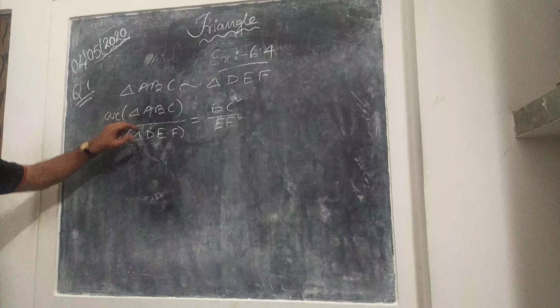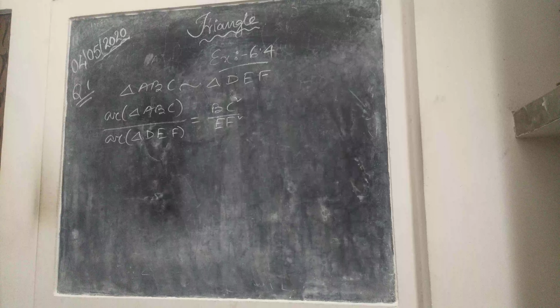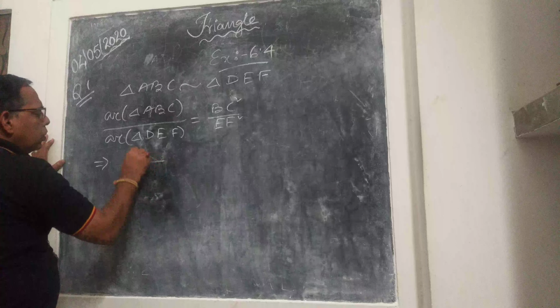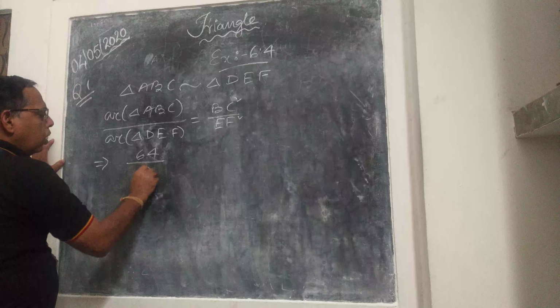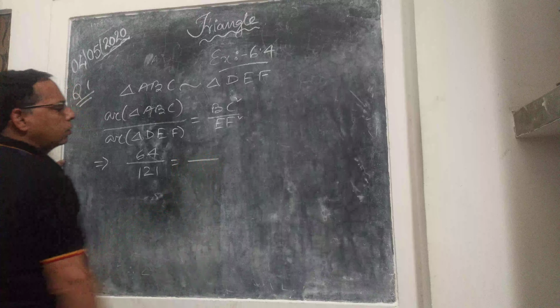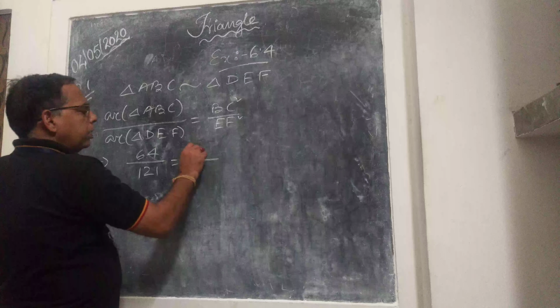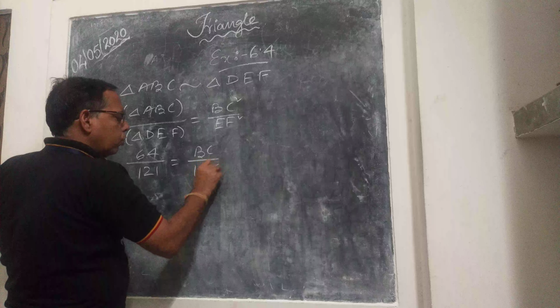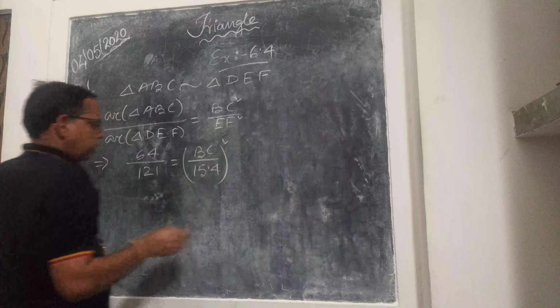Then you see the areas of both triangles are given: 64 and 121. So 64 by 121 equals BC by 15.4, the whole square.